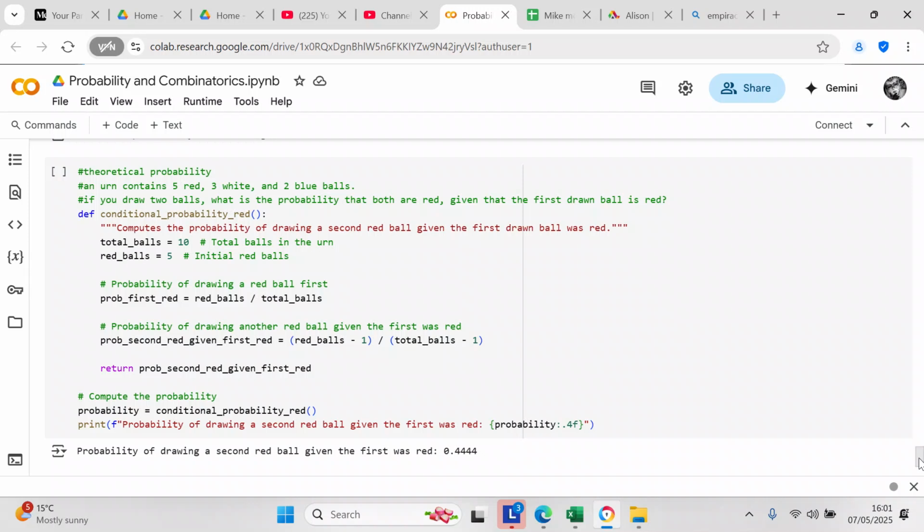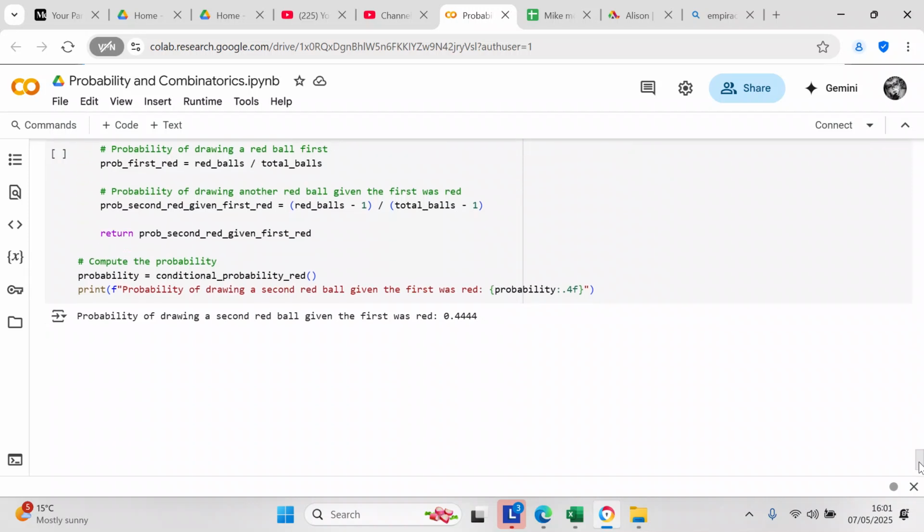And return probability second red given first red. So we compute the probability. Probability equals conditional_probability_red. And then we print probability of drawing a second red ball given the first was red, and that's 44%.